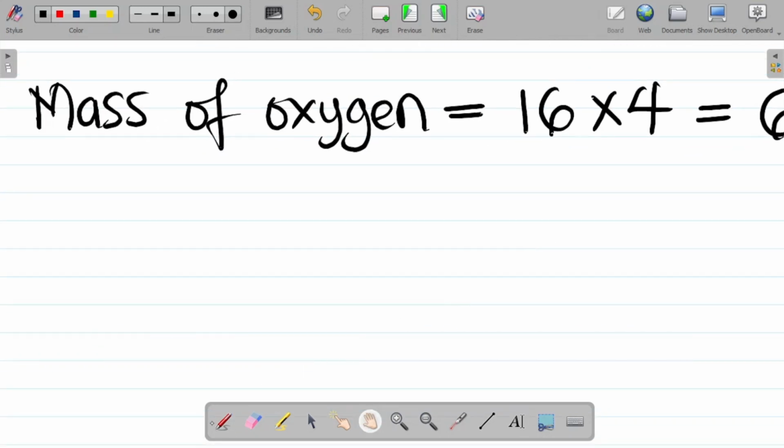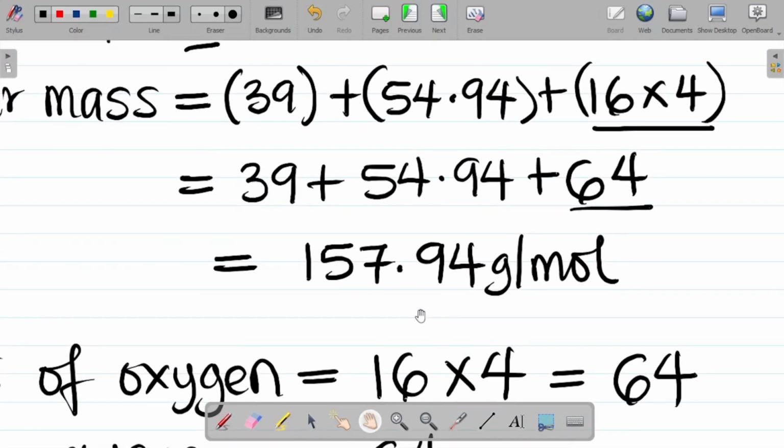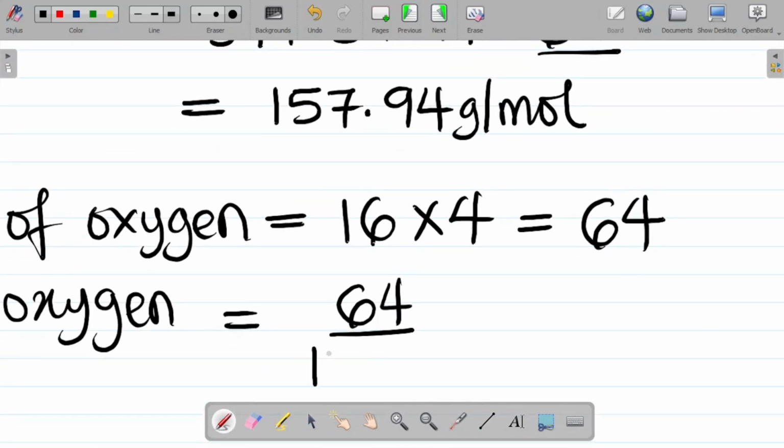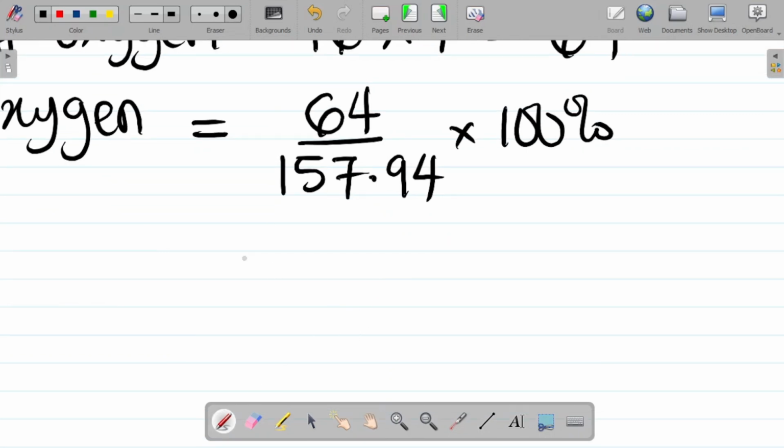So from this, we can get that the percentage composition of oxygen will be equal to the mass of oxygen, which is 64, all over the molar mass of the compound, which is 157.94, multiplied by 100%. Let's solve this. Let's punch 64 divided by 157.94.